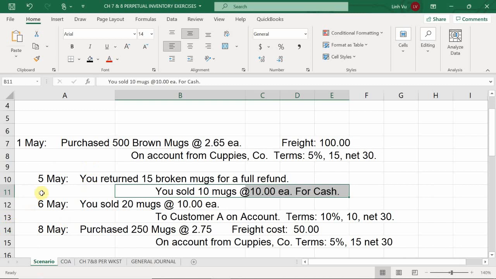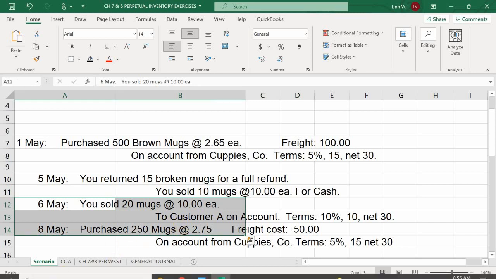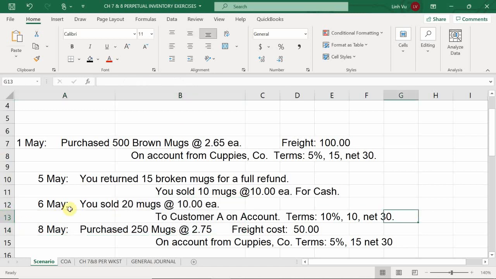It is May 6th. You end up selling another 20 mugs for $10 each, but this time you sold it to customer A on an account. You gave this person terms of 10%, 10 net 30. So you sold 20 mugs to customer A. So how should I journalize this?